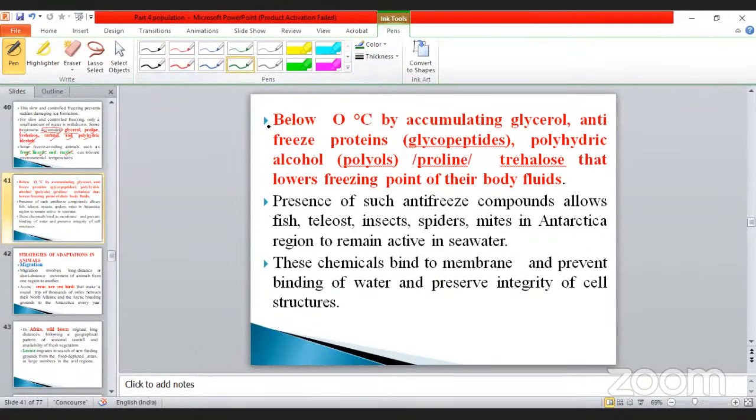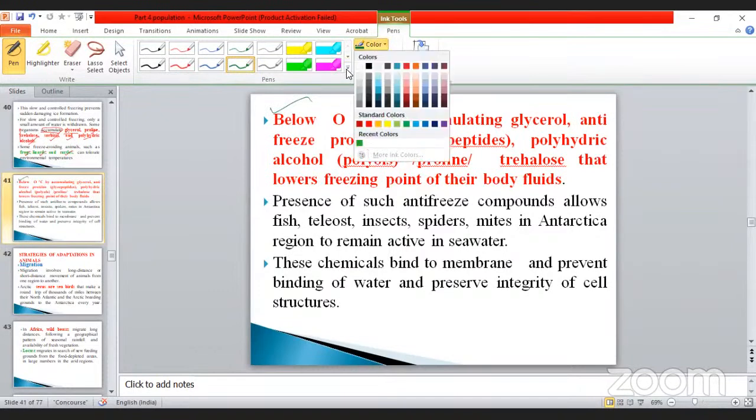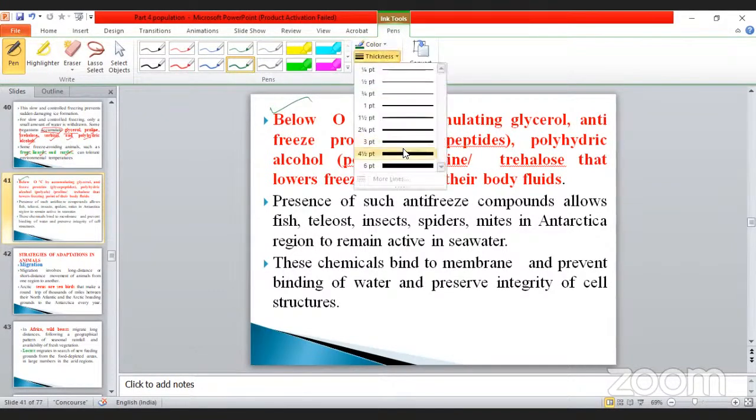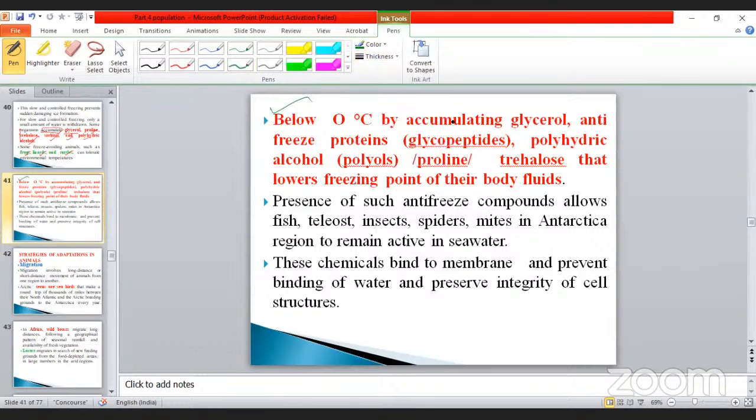This is also a very, very important NEET question, because accumulation of glycerol and anti-freeze protein called glycopeptide, which is glucose with protein molecules, and polyhydric alcohol, polyols.